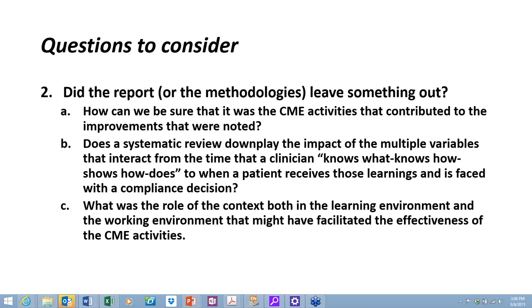Are there approaches in other fields that have been used to get at what Don Shern calls the messy swamp of professional practice?